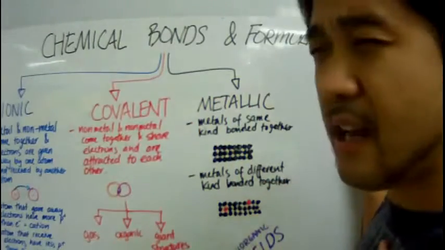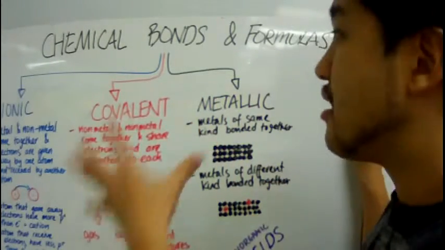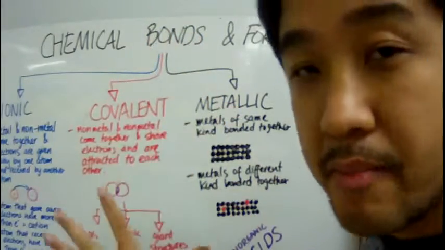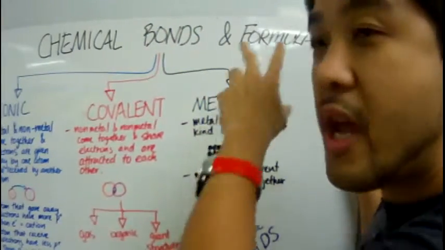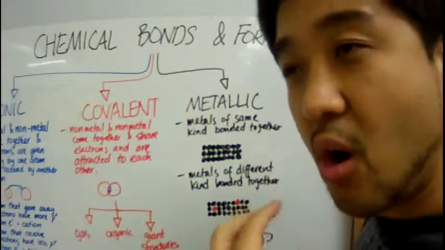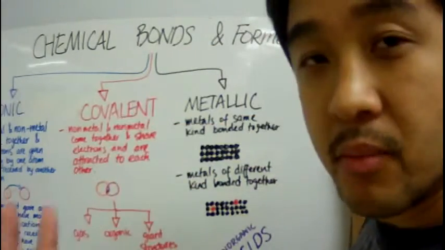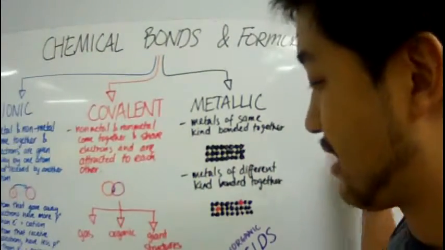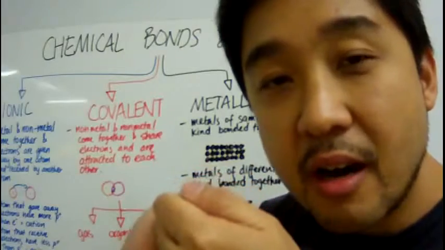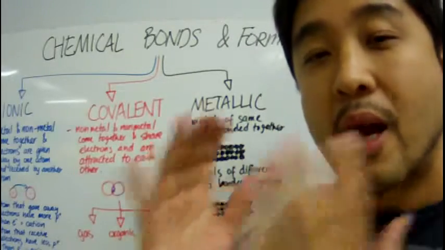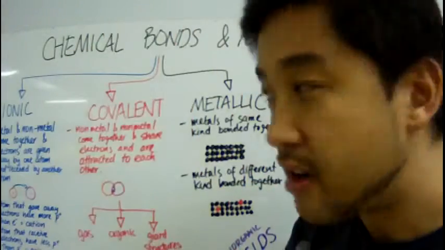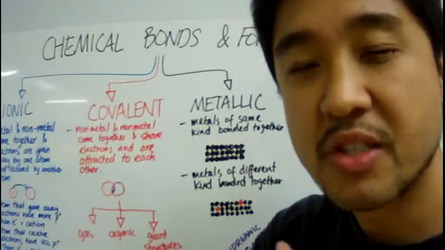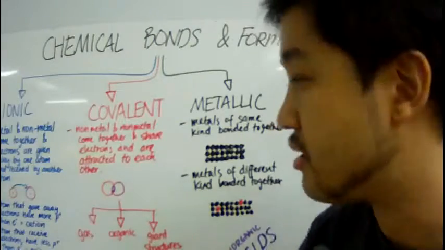Now, I like to treat these in combination with each other, because I think the types of chemical bonds reflect the way you write the formulas and also the way you name them. So they're very complementary, all right? And so what I've done is categorize the types of chemical bonds and formulas that we will see in this course.